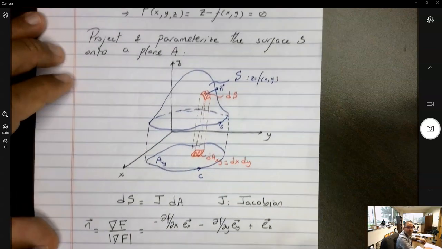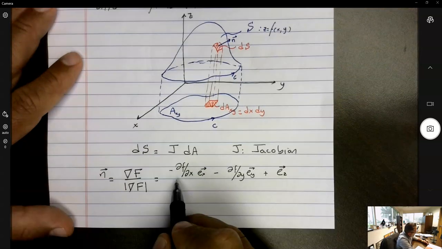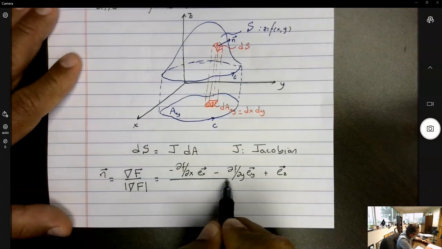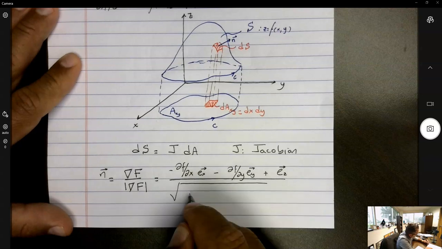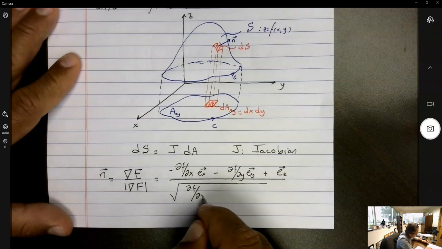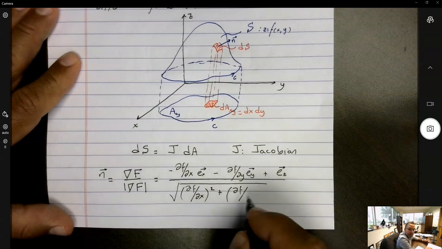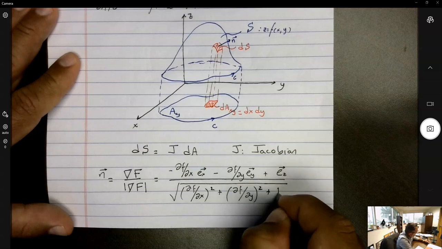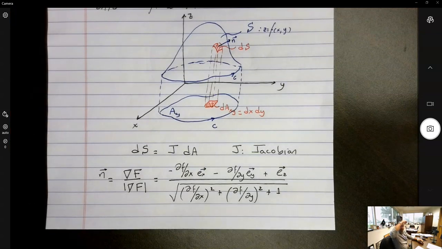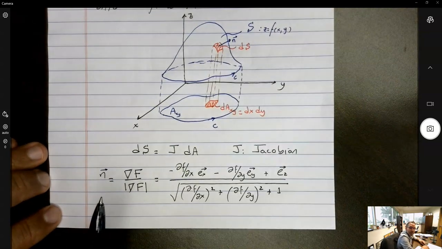So we're just basically differentiating this with respect to x, to y, and to z. And then we're going to take the magnitude of this vector, and that's going to be the square root of df dx squared plus df dy squared plus 1. Okay, so those are the coordinates of this normal vector.